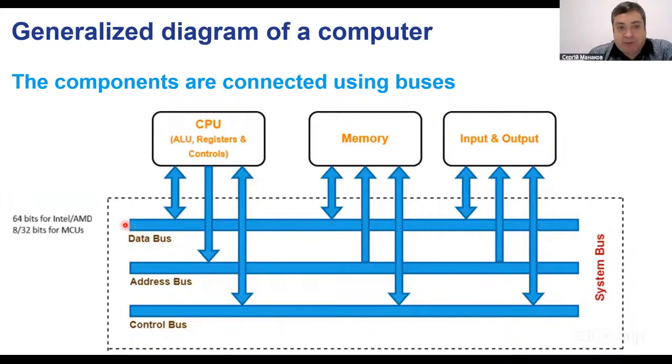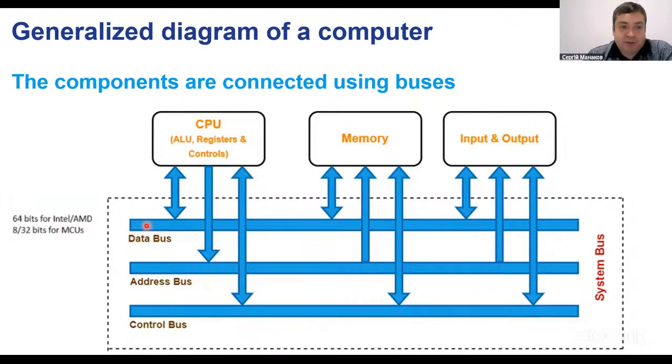It means that on each CPU clock tick, because the CPU has an engine, the clock frequency generator, measured in gigahertz, for example 2, 3, or 4 gigahertz, our processor can operate with big numbers that have 64 bits.